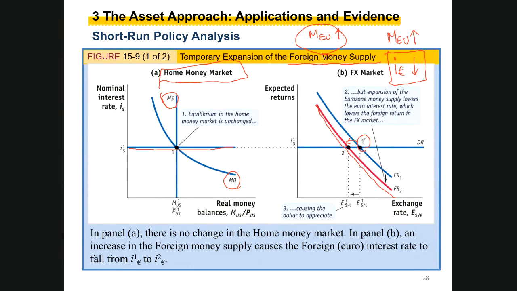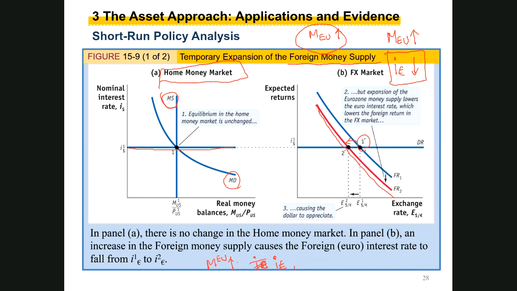Okay, so what is the story behind it? If the European Central Bank increase their money supply, this will lower down the interest rate of the euro, right? So people are not willing to hold the euro. Instead, they would like to hold the dollar, right? So the dollar is supposed to become more likable, become more preferable on the market.